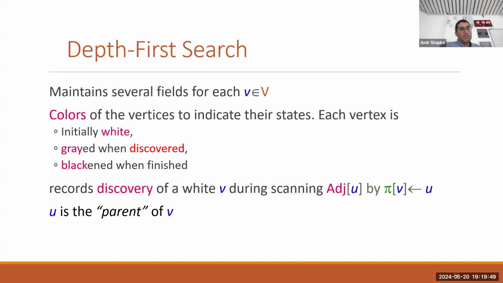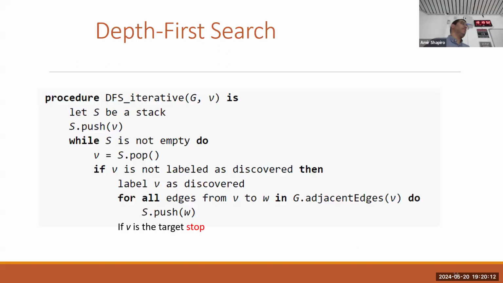So U is the parent of V. If we go from U to V, or we saw V from U, then U is said to be the parent of V. So for every vertex, we remember how we got to it. We have a pointer to the back vertex.